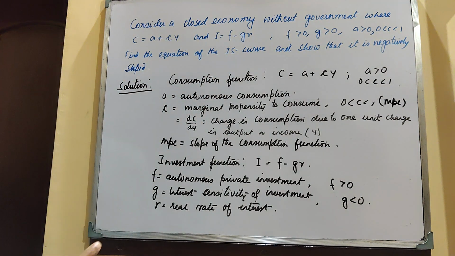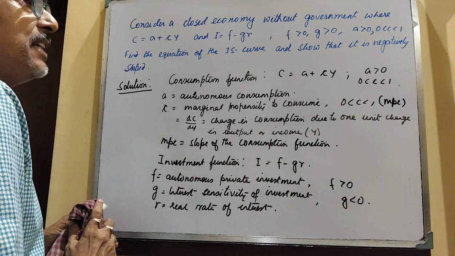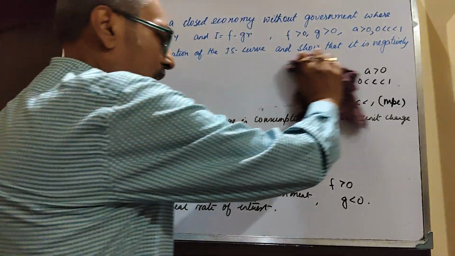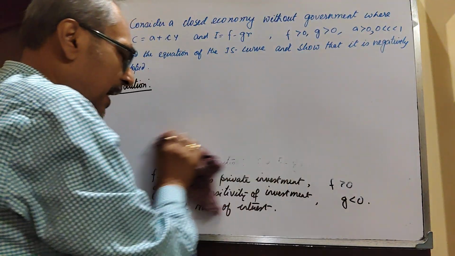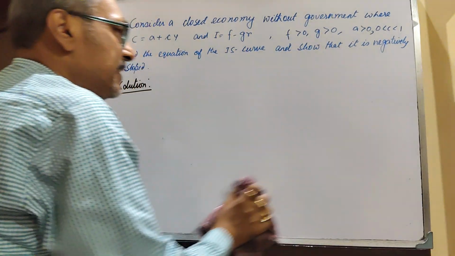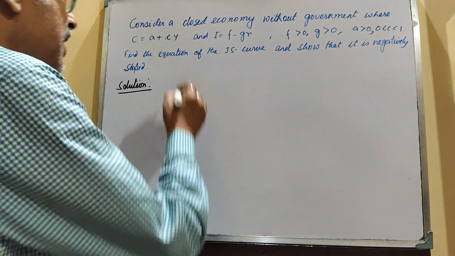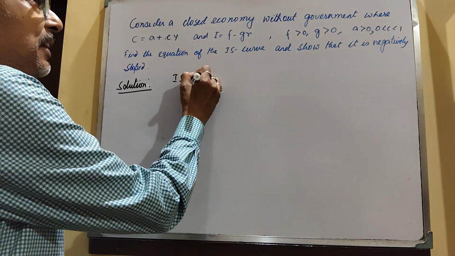Now, what is the IS curve? The IS curve is the locus of different combinations of R and Y, where Y is income and R is the real rate of interest, such that the goods market is in equilibrium. The full form of IS is investment saving.